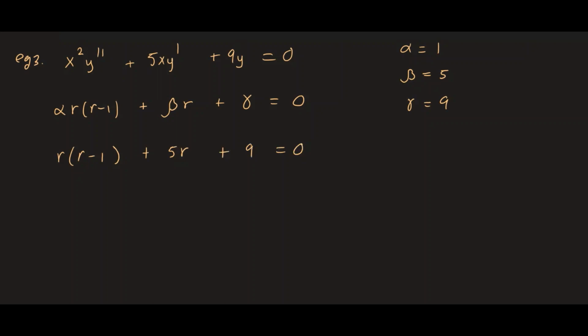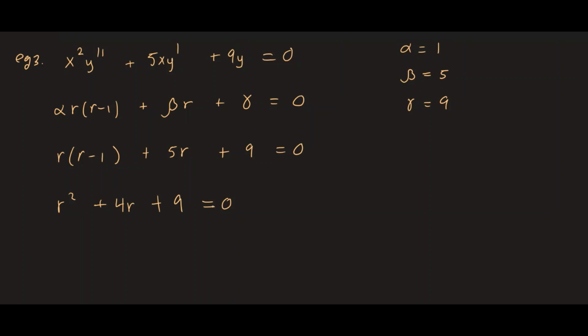All right, so this can be factored into, let's see what. So we have r squared plus 4r plus 9 is equal to 0. Okay, well, looks like we can't really factor this.